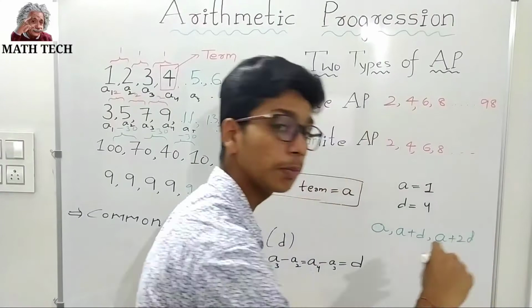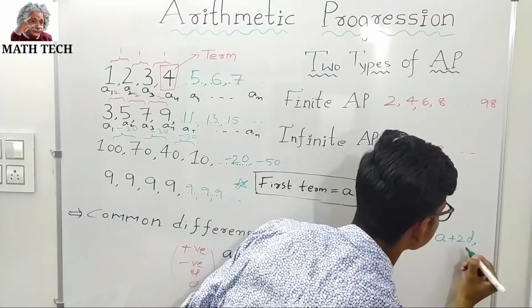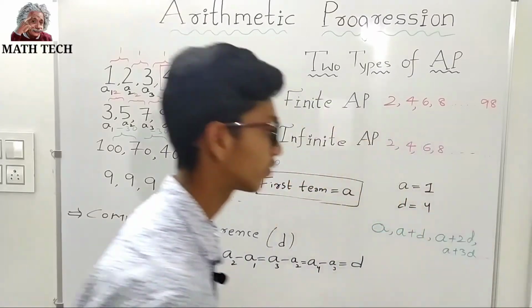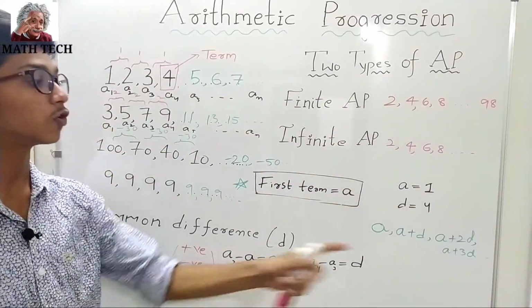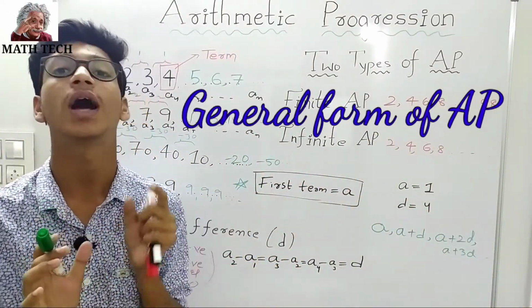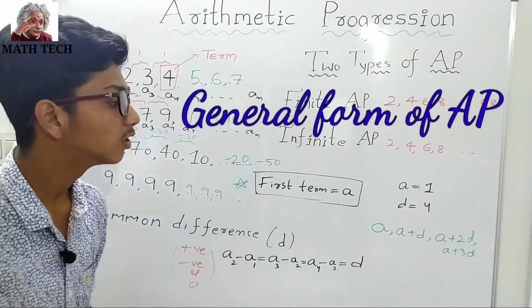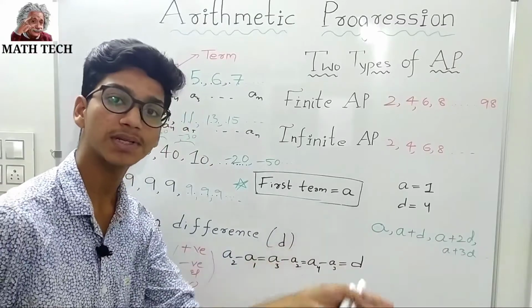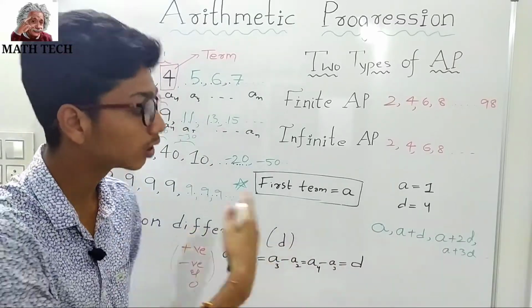So a plus 2d plus d, that is a plus 3d, and it goes on. This is known as the general form of the arithmetic progression. So a plus d, a plus 2d, a plus 3d are the consecutive terms.